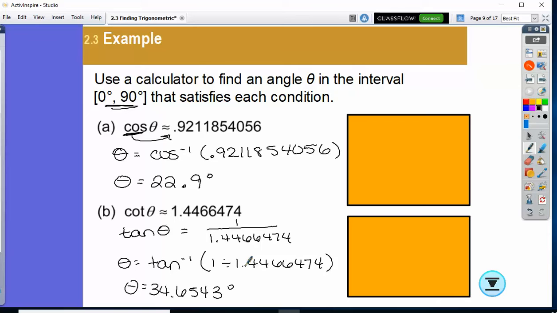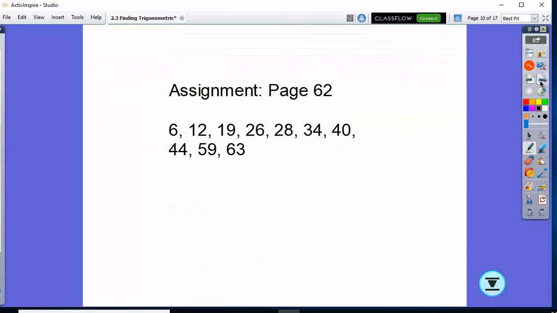Any issues with this stuff? How to use your calculator? That is really all that is in here.